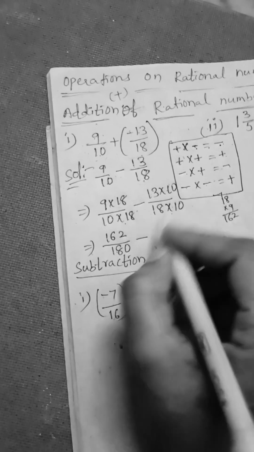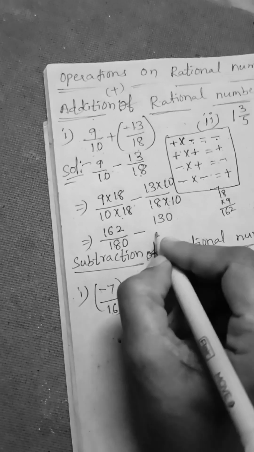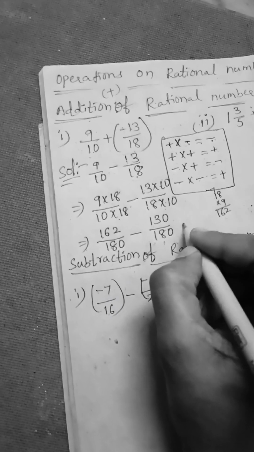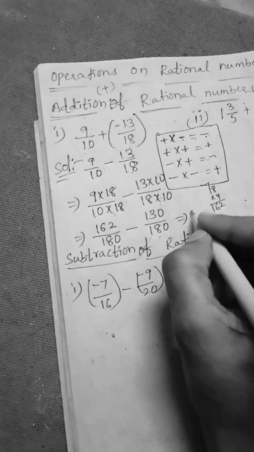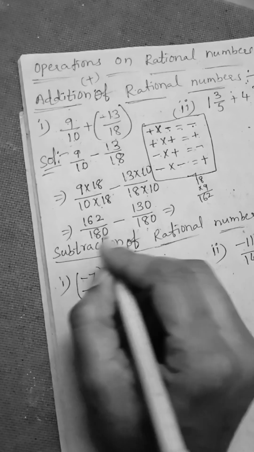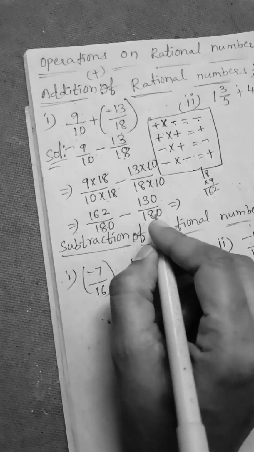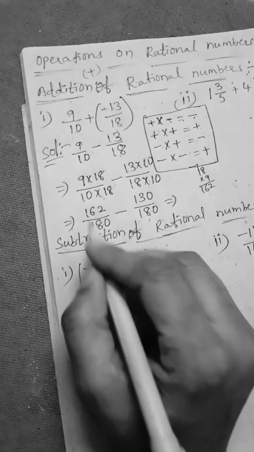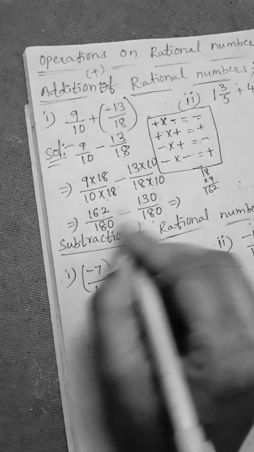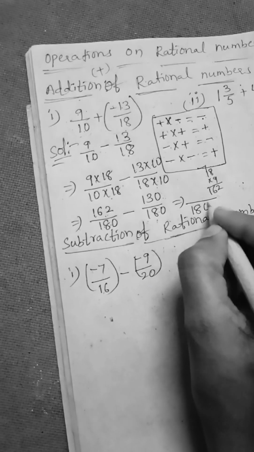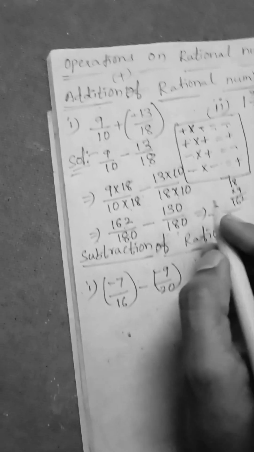Minus 13 tens are already we know 130. 18 tens are 180. So now here both the denominators are the same. So these are like fractions. If they are like fractions, we can do addition or subtraction easily, whatever it is.